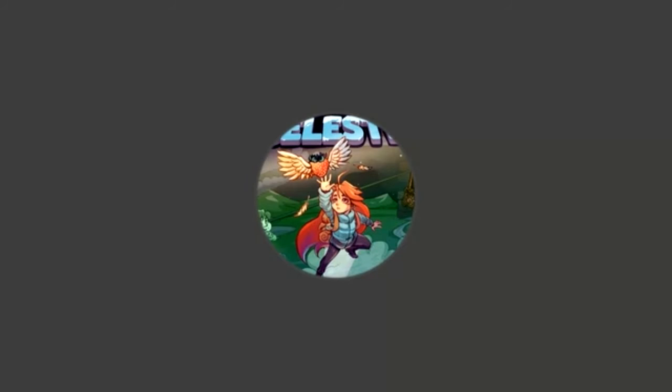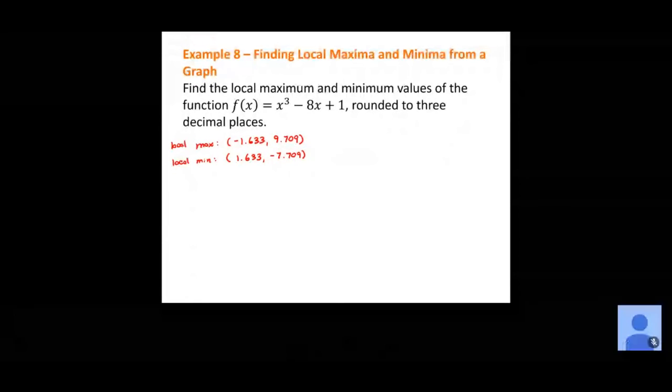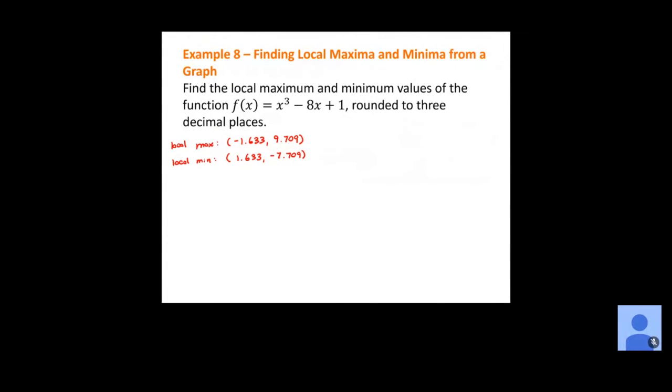So I'll switch back over so you can see what I wrote there in the notes. And so there was our local max. That was at negative 1.633, 9.709. And our local min was at 1.633, negative 7.709. Now, if they are asking you for values, okay, so local min and max values, the actual local max value is only going to be the y value, right?